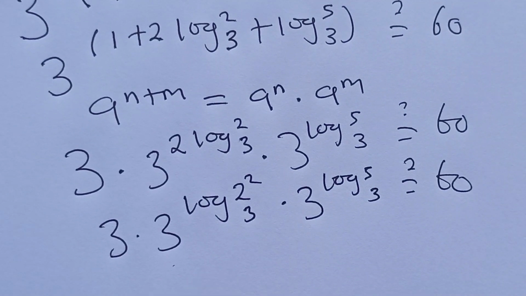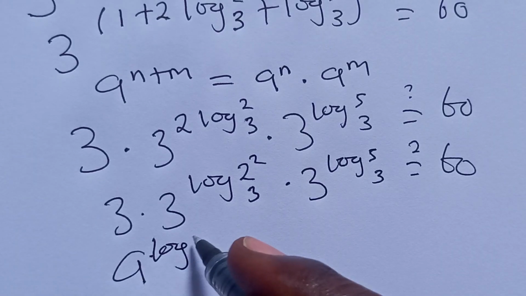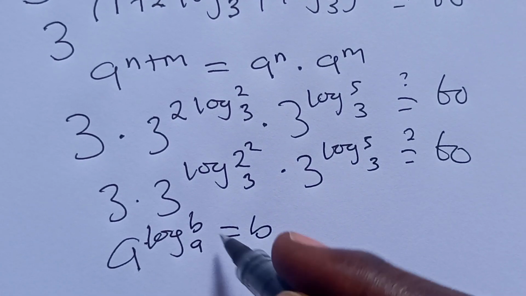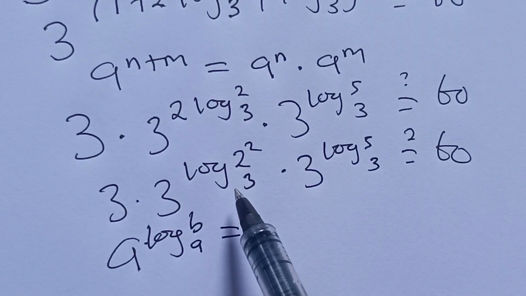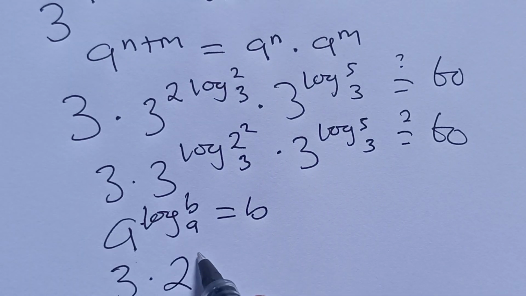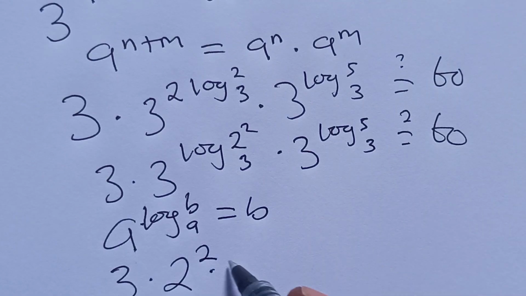Remember, when we have a to the power of log_a b, it is the same thing as b. So 3 to the power of log_3 2 squared is 2 squared. So we're going to have 3 times 2 squared times 3 to the power of log_3 5, which is 5.